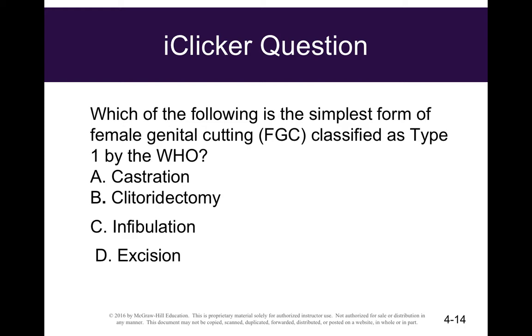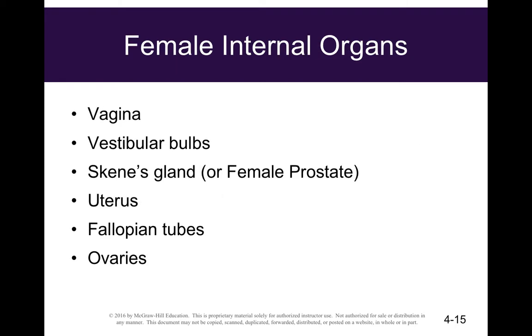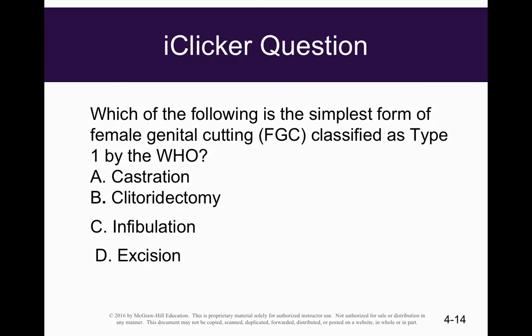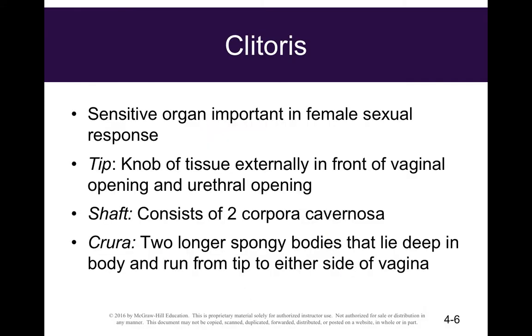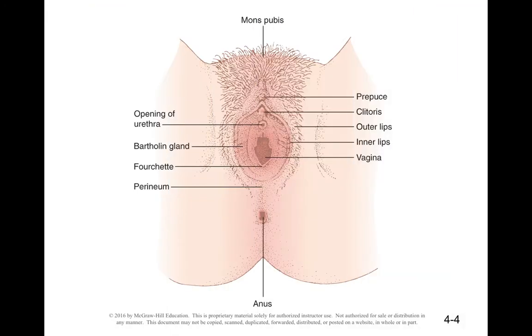It's clitoridectomy, right? The simplest form, oftentimes called female circumcision, is clitoridectomy. So I'm going to go back for a second and talk to you about the fourchette, which I just briefly mentioned as being where the inner lips come back together at the back of the vaginal opening.